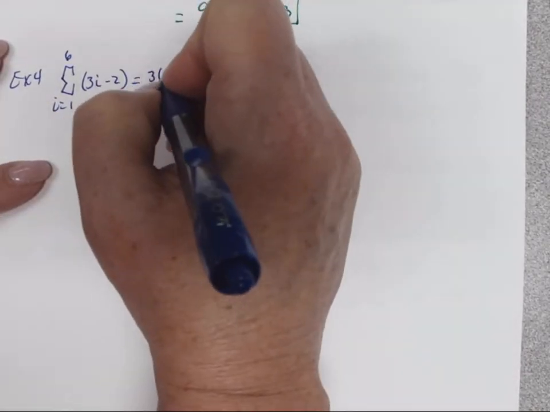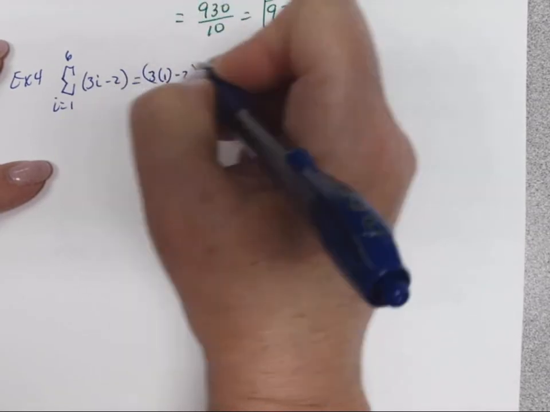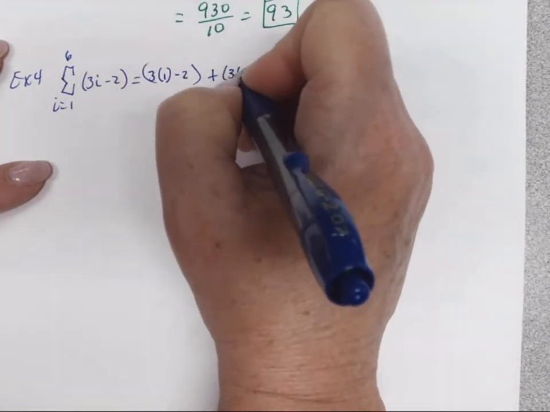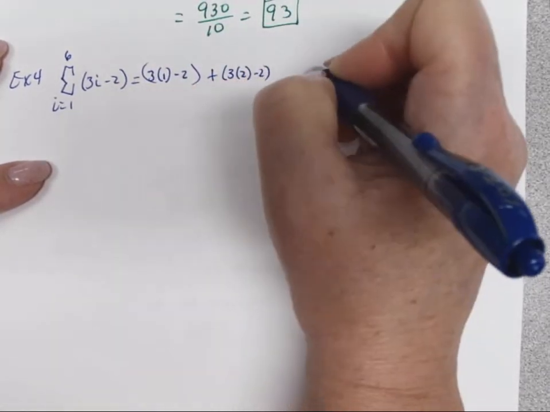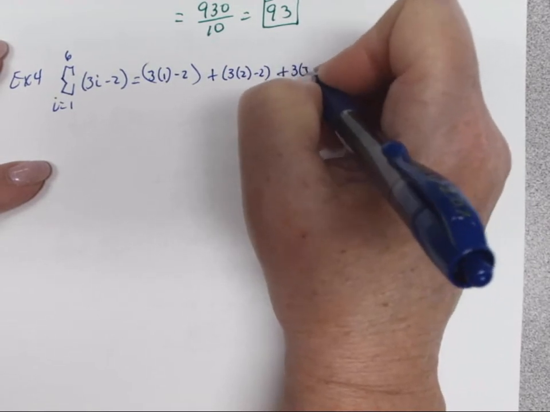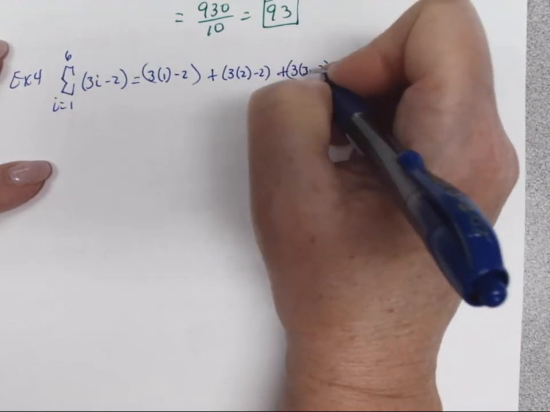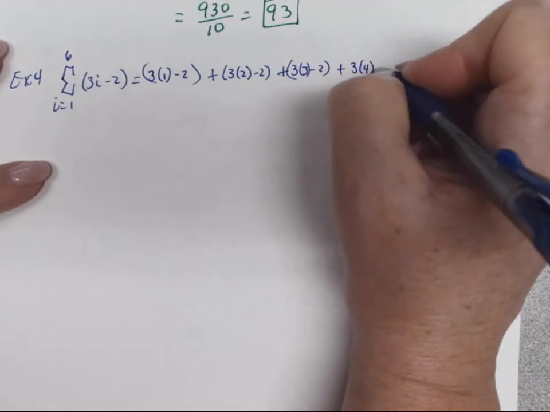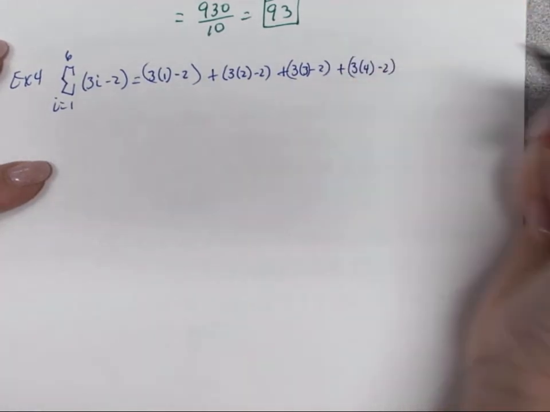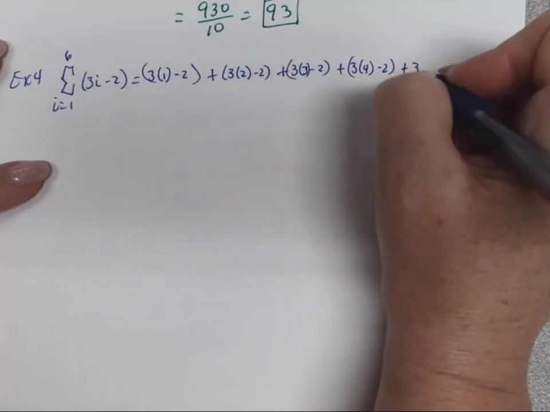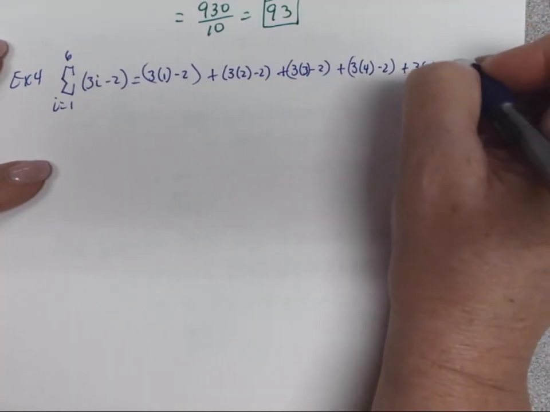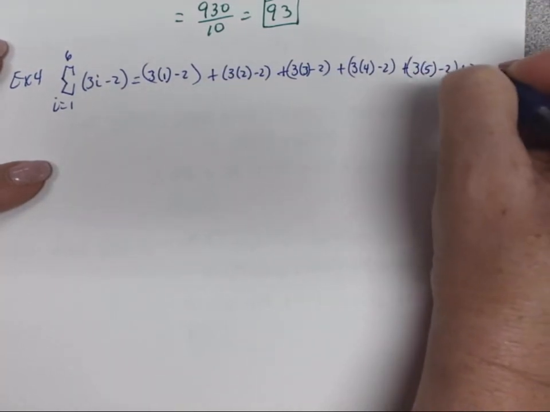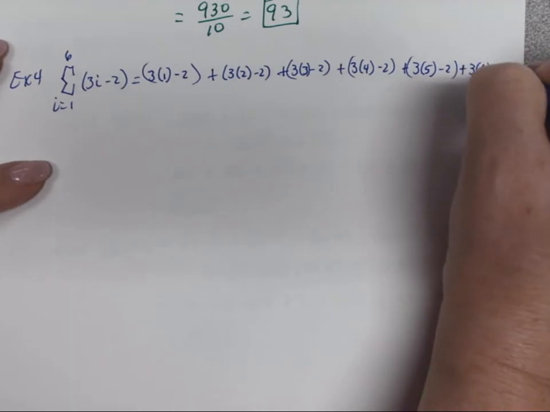So 3 times 1 minus 2 plus 3 times 2 minus 2 plus 3 times 3 minus 2 plus 3 times 4 minus 2 plus 3 times 5 minus 2 plus 3 times 6 minus 2.